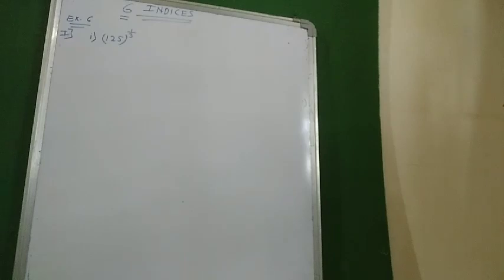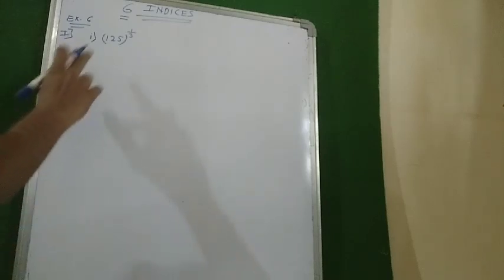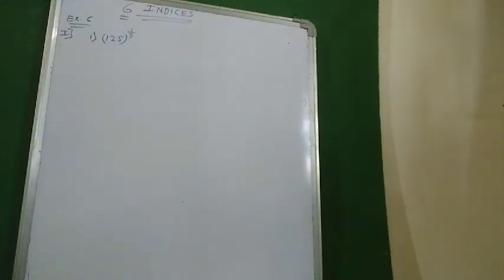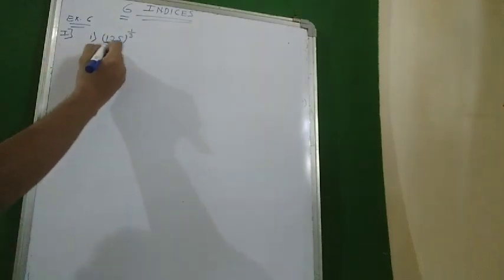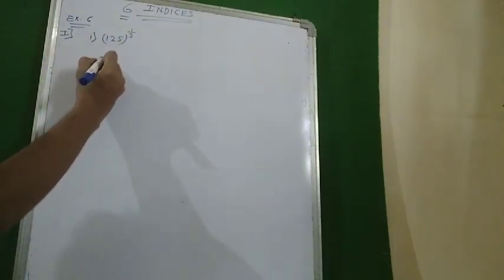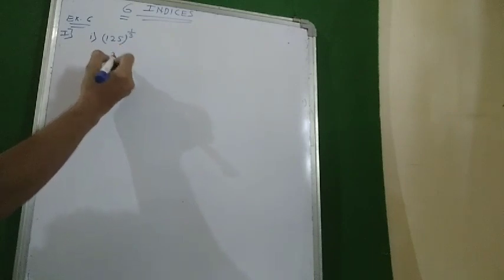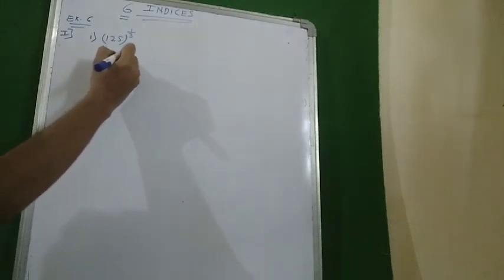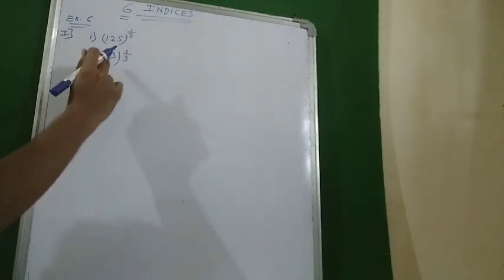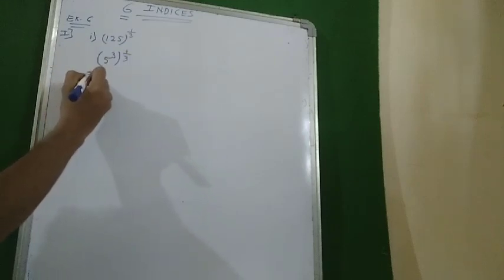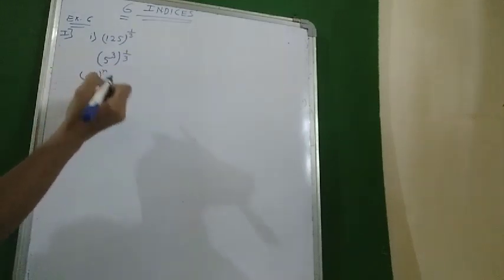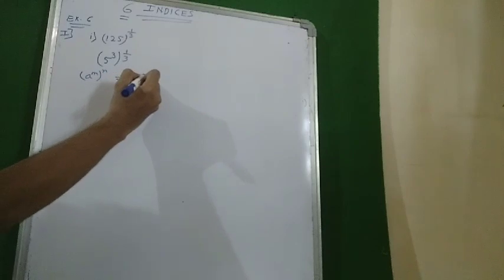Now, in the very first part of the first exercise, we have 125 raised to 1 upon 3. Pay attention, 125 is nothing but the cube of 5. So I can say that 125 can be written as 5 raised to 3, and this whole raised to 1 upon 3. We know that a raised to m whole raised to n can be written as a raised to mn.